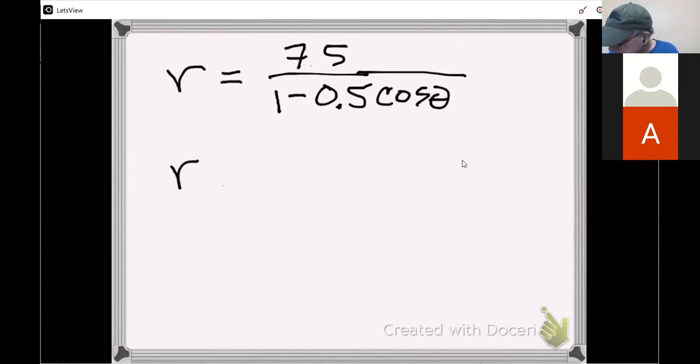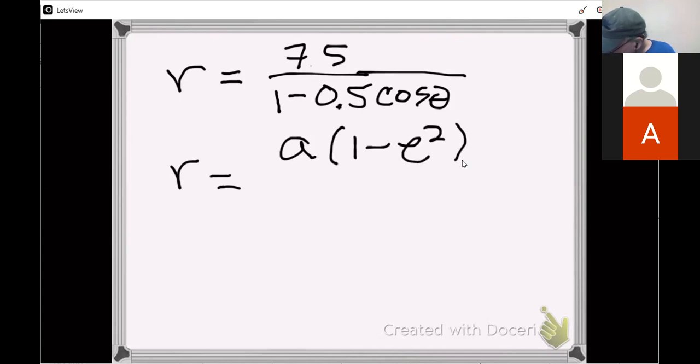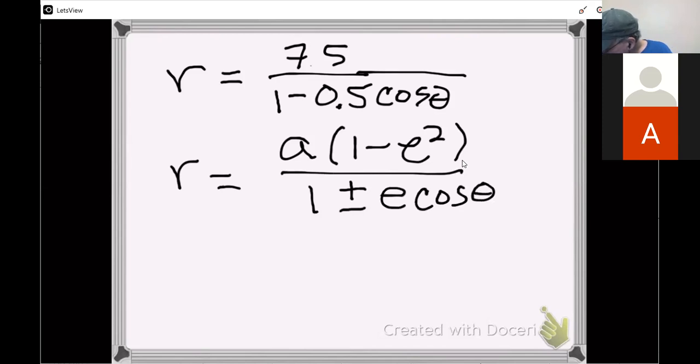It's equal to a times (1 minus e squared) over 1 plus or minus e cosine theta. Okay, that's the general equation of an ellipse in polar form.